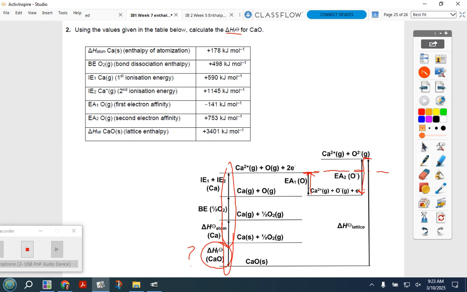So you're going to take this, subtract this, and add that. And then that can be set equal to this. Good.